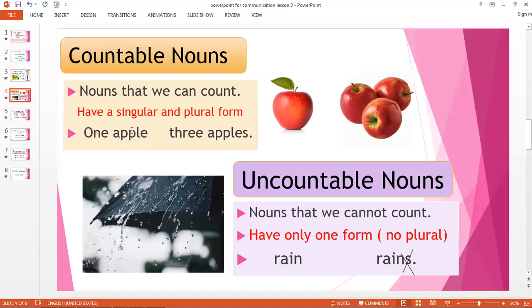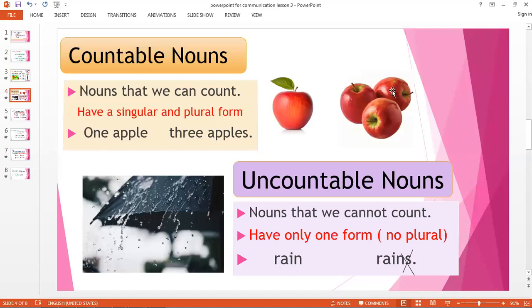One apple is the singular form, and because these are three apples, three apples is in the plural form. So you can easily count, because this is only one. You can put it here, one apple.